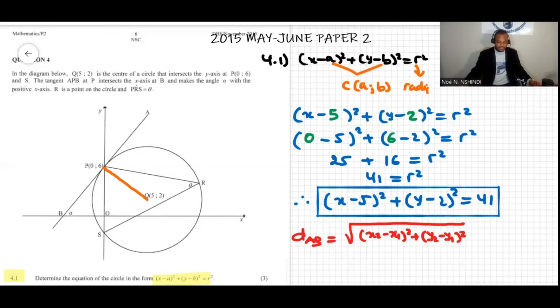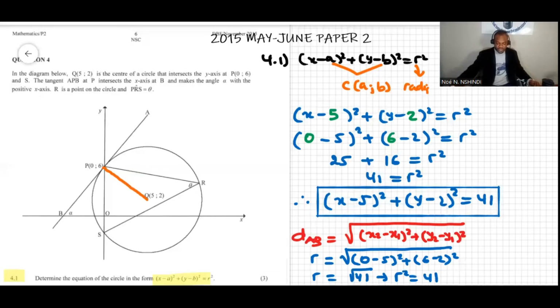So in this case, the distance is r. r will be the square root of (0 minus 5) to the power of 2 plus (6 minus 2) to the power of 2. If we work it out, r is the square root of 41, which means that r squared equals 41.